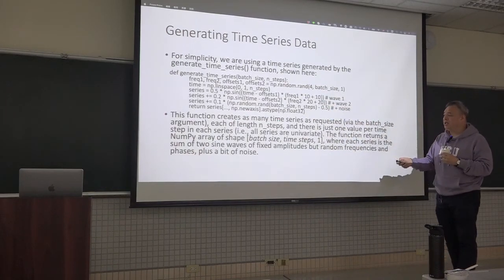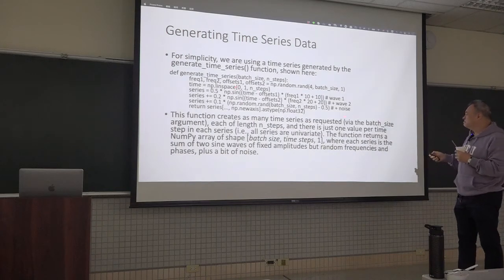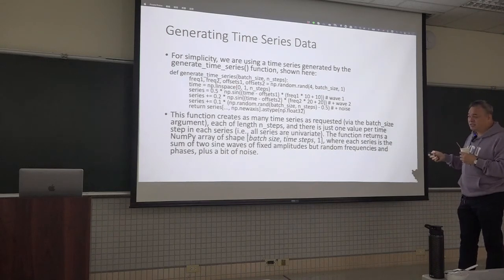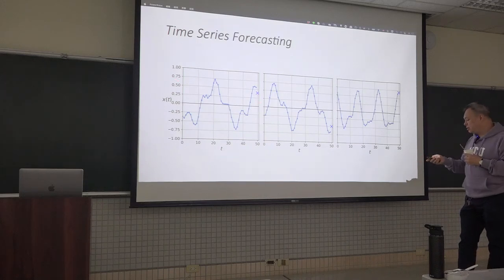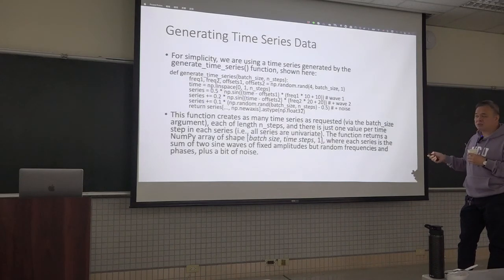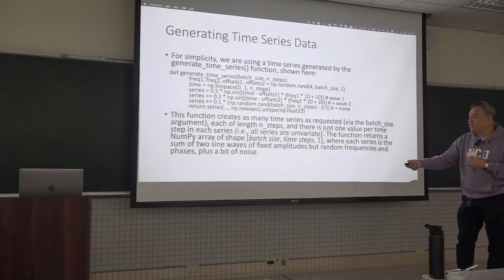So this function will create as many time series as requested, up to the batch size. For example, if we want to create three, we just set the batch size to be 3, each of length n step. If we want 3 time series, each with 50 steps, then n step will be set to 50.